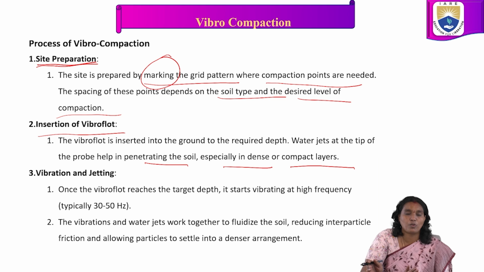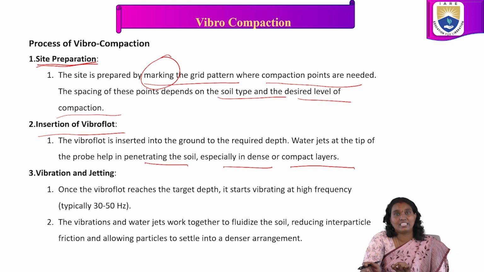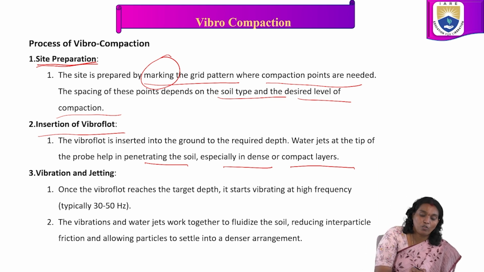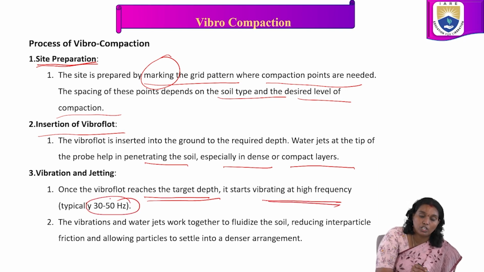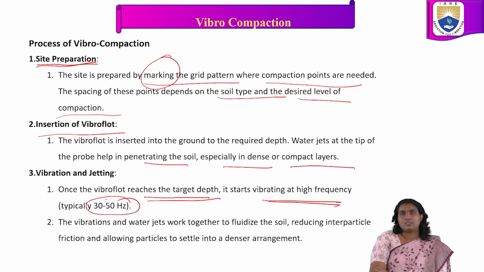The next process is vibration and jetting. Once the vibro float reaches the target depth, the depth we consider for the construction, it starts vibrating at high frequency, typically 30 to 50 hertz.